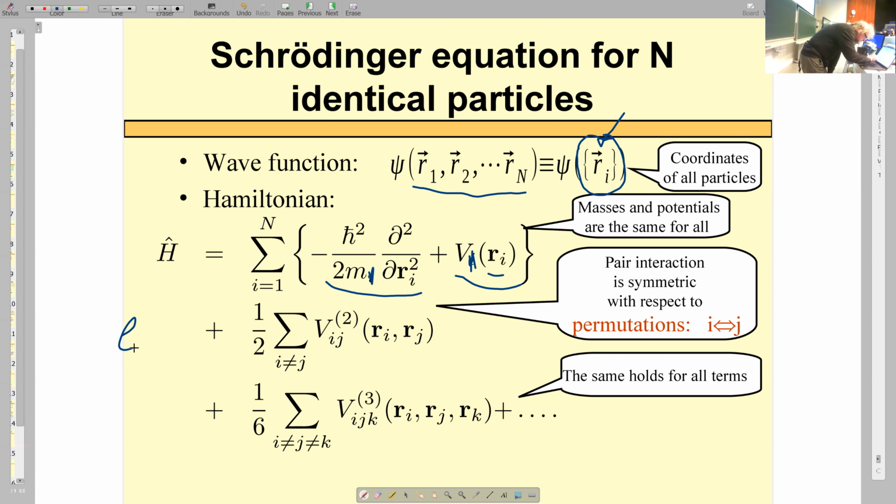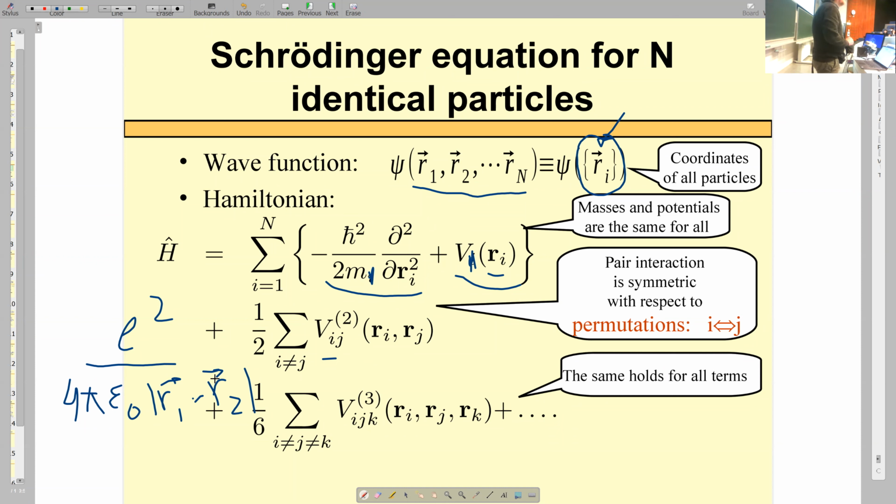Then instead of this V_i, I would put, never remember that stuff, just like this, 1 over the modulus of R1 minus R2. That's Coulomb law, if I remember correctly. Interaction of particles with the same charge. But whatever, in general, just a function of two particle coordinates.